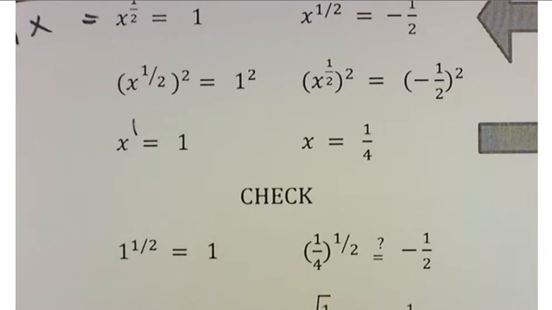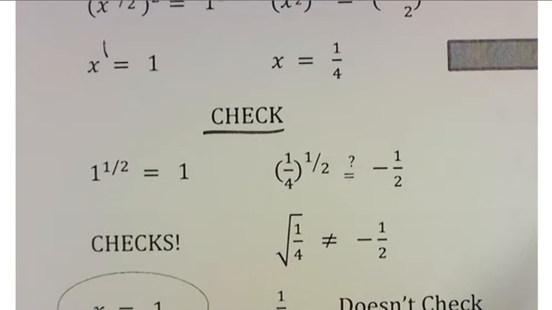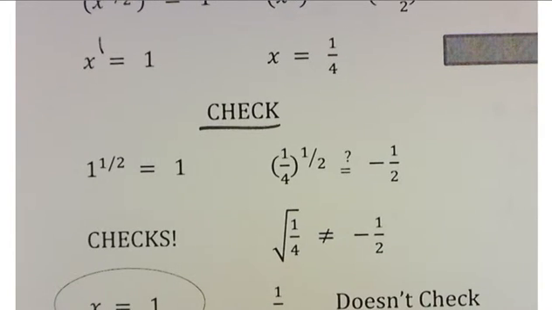Anyone? Oh, you had to check it. Good job. So you had to check your answers, and when you check, the square root of 1 checks. The square root of 1/4 is not negative 1/2, so it doesn't check. That's a little bit of an odd situation for us in these types of problems, but it does come up.